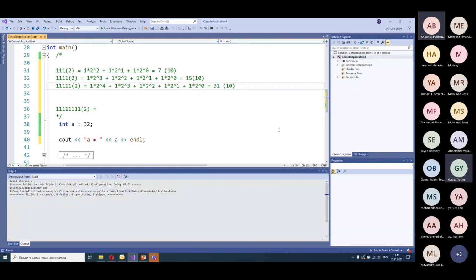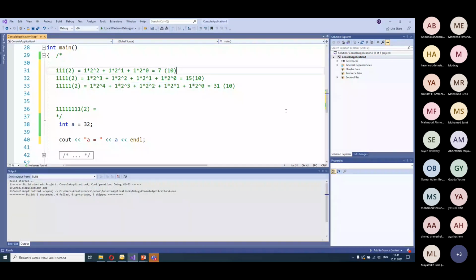What is the rule? How to count it without computing this very long sequence of powers of 2?